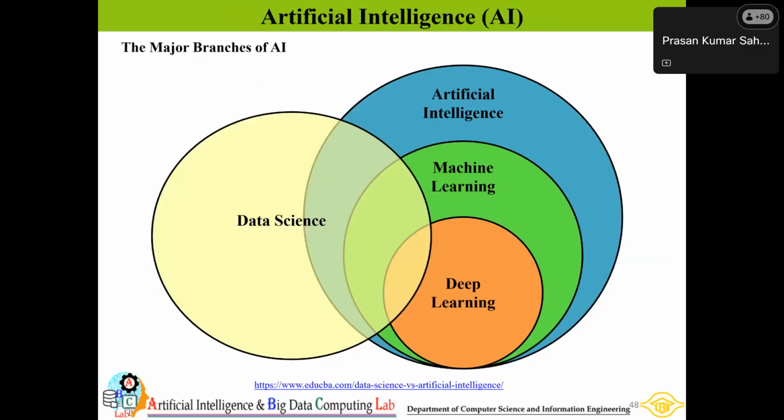But nowadays, because of the technology, AI is not a new area. Sixty, seventy, maybe 80 years back, AI was already there, but it was not popular because of the data.